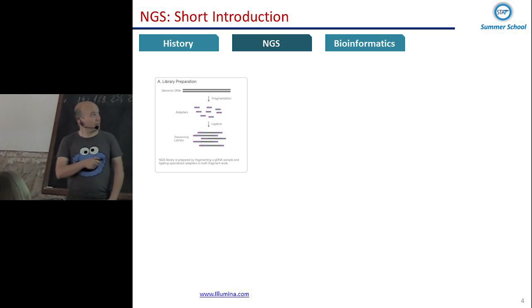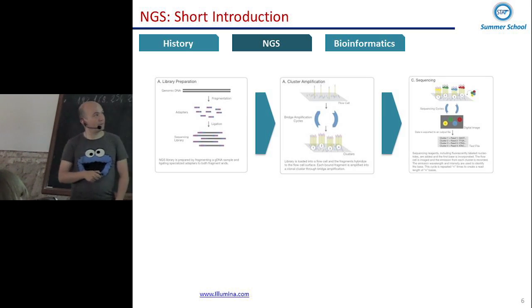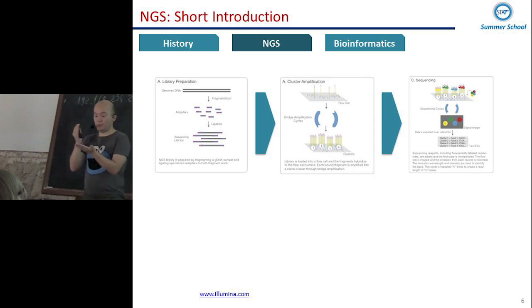So I will just show a bit of a snapshot of how this works. You have three main steps when we are generating this sequencing data. At the end, what we want is to cut the RNA or the DNA into pieces, and we want to have the full sequence of all those pieces.